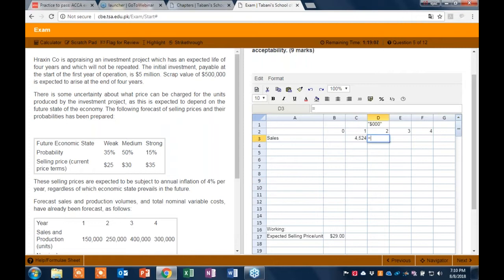So for the second year, the sales volume will be 250 into the price into 1.04 raised to the power 2. Then we have a sales volume of 400 into 29 into 1.04 raised to the power 3.